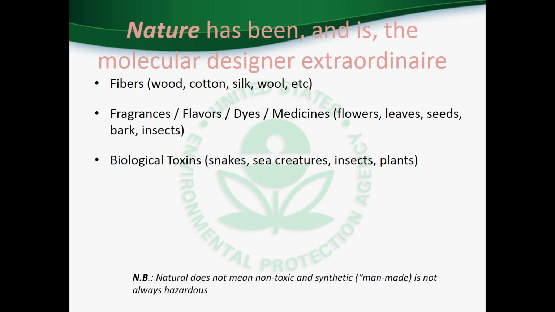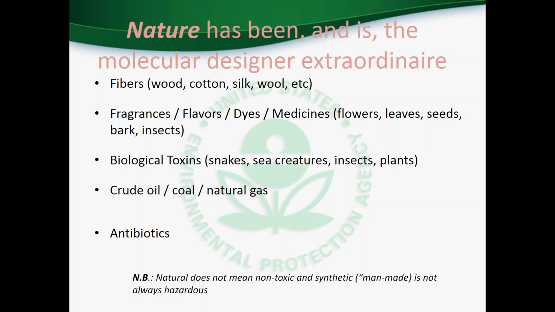But also nature has very clever ways of making some of the most toxic chemicals known. Biological toxins: snakes, other sea creatures, anemones, insects and plants produce some of the most toxic compounds known. And then nature makes just regular natural gas, crude oil, things like that.